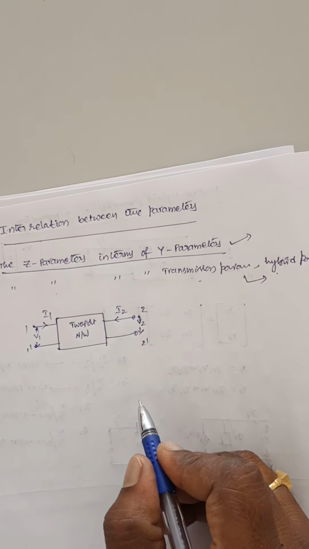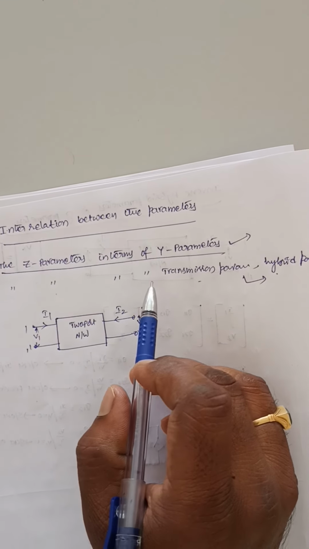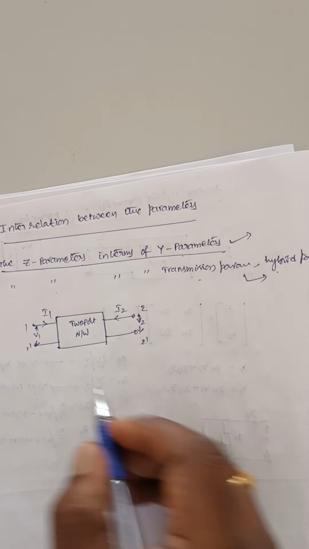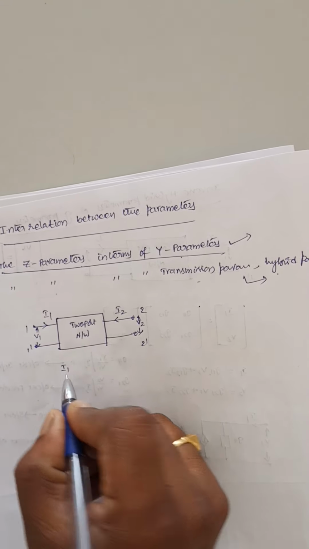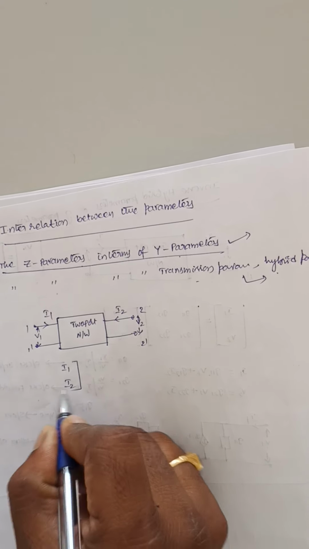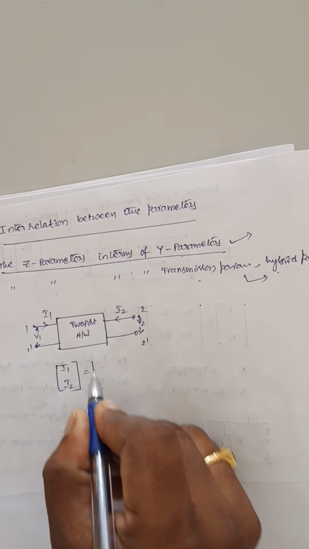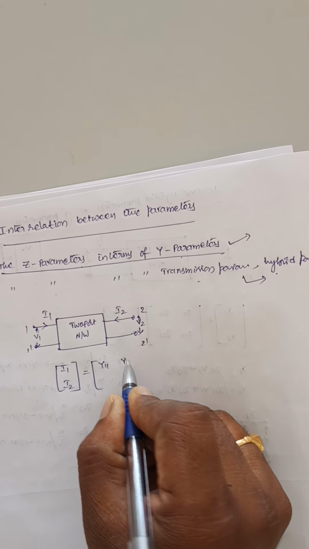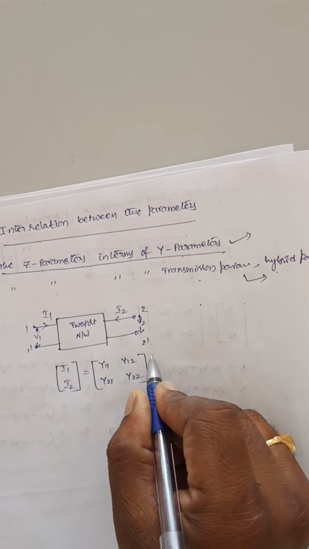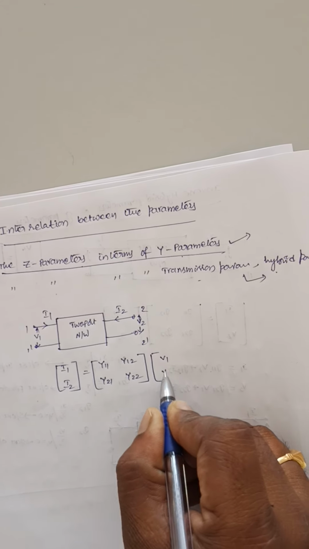And we want to represent the Z parameters in terms of Y parameters. So we write here the Y parameters equations, that is I1, I2 is equal to Y11, Y12, Y21, Y22, and here it is V1, V2.